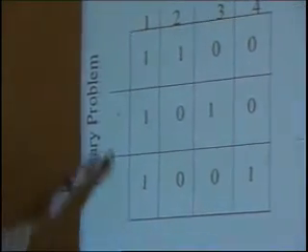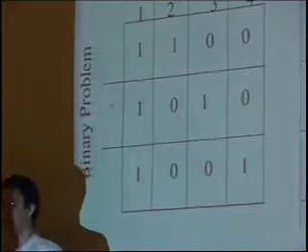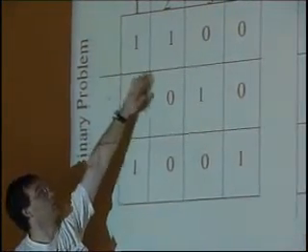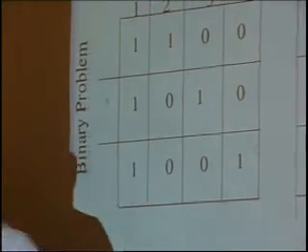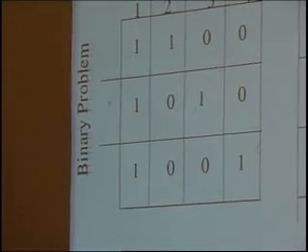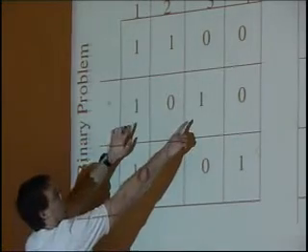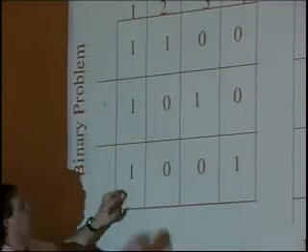So the first binary problem is here, and the correct prediction is 1 if the label is 1 or 2, and you're supposed to predict 0 if it's 3 or 4. Then you can create another binary problem, which is 1 if it's 1 or 3, and another binary problem, which is 1 if it's 1 or 4.